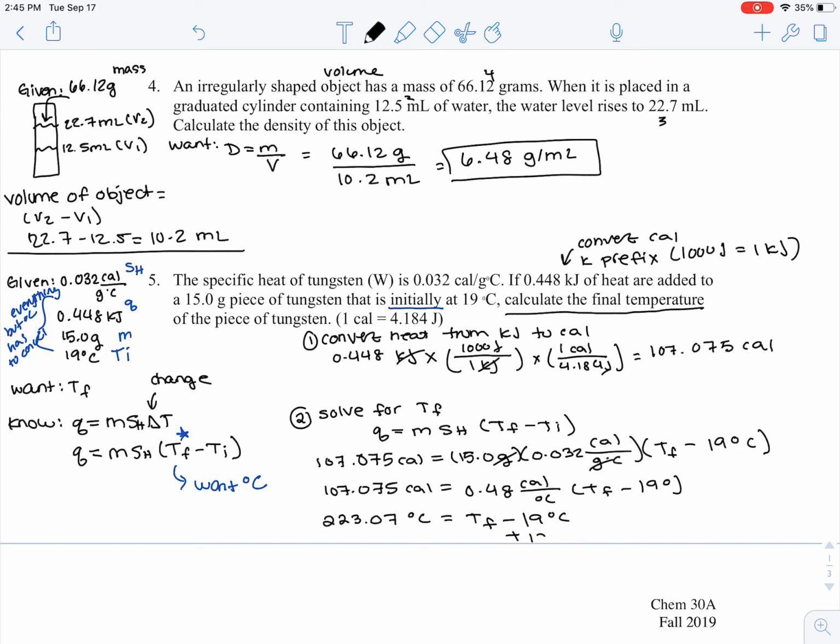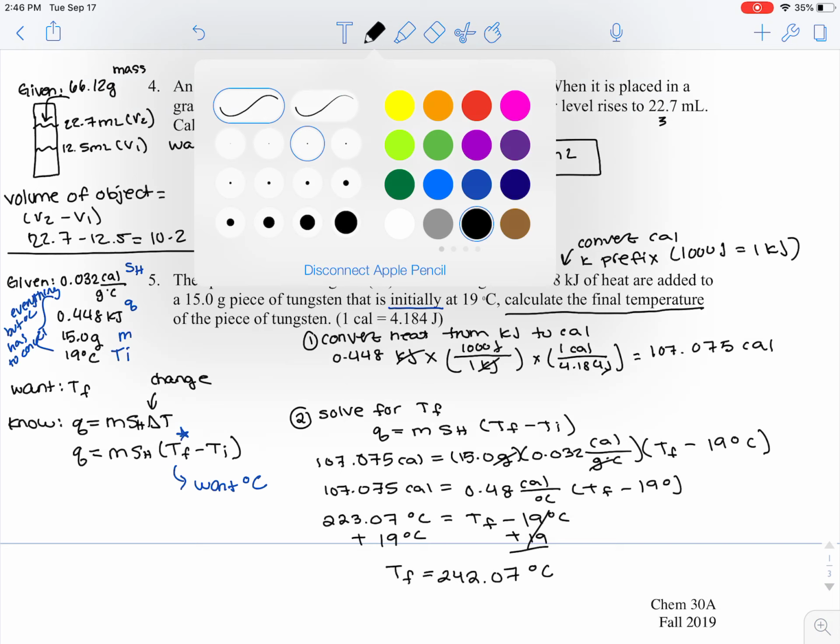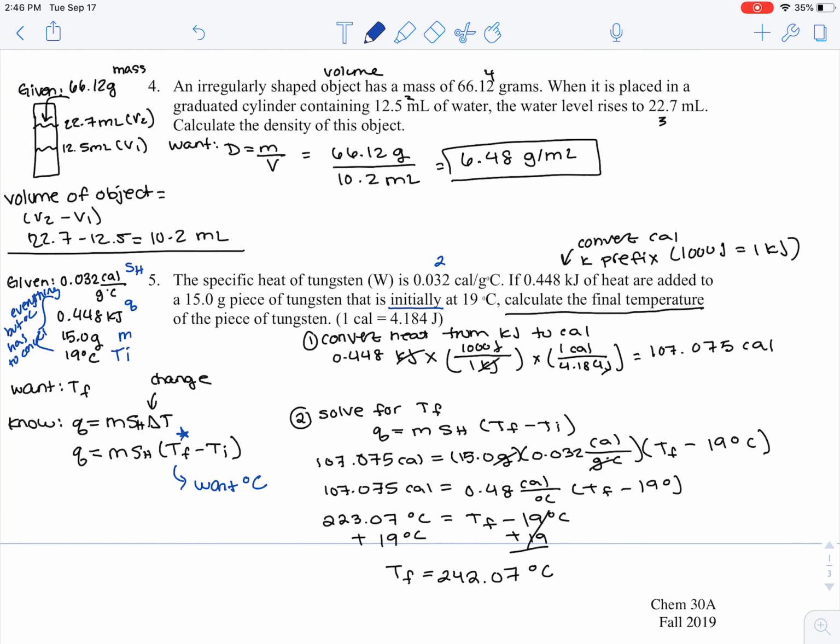And the last thing is you add the 19 on both sides, and you would get that T final is equal to 242.07 degrees Celsius. Now you go back and check significant figures. You have 2 here, 3, 2, 3. So you want your answer in 2. So that would be 240 degrees Celsius. And then you're done.